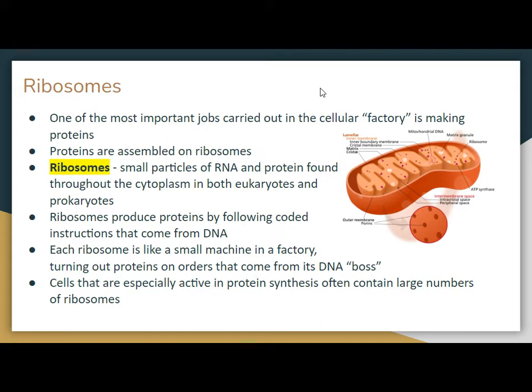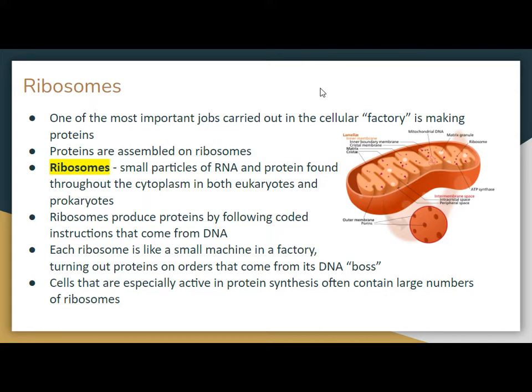And then transfer RNA, which is also hanging out in your cytoplasm, brings that amino acid over. And then it creates this long chain, and long chains of amino acids are proteins. So this is where our proteins are really made. They're like their own little mini factory inside of our larger factory.